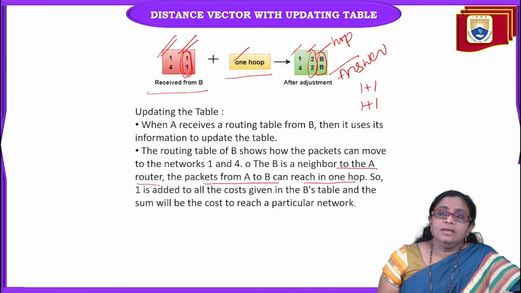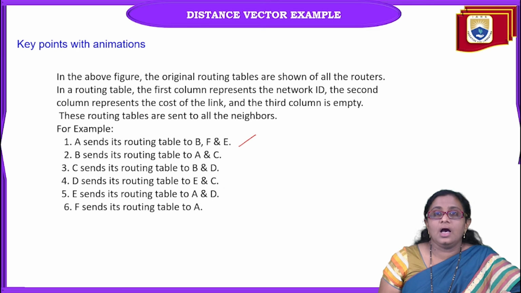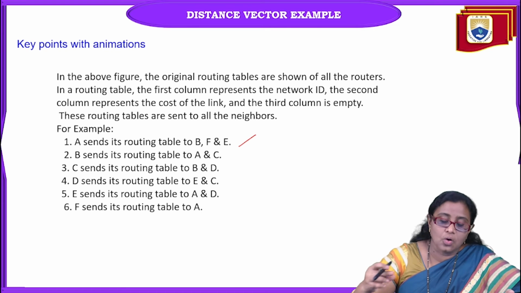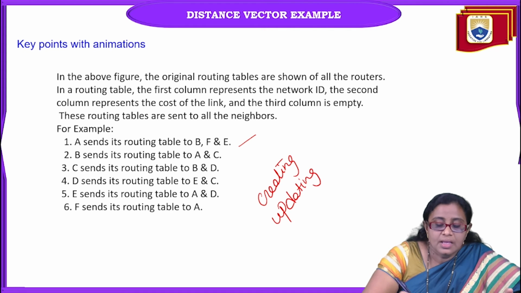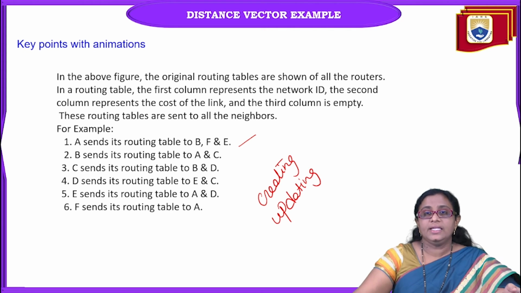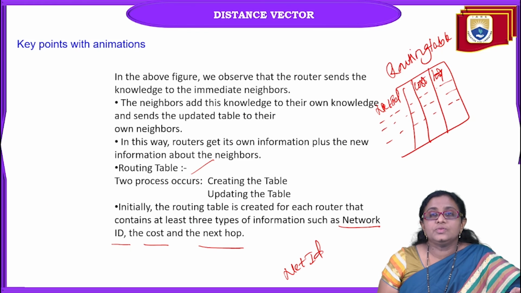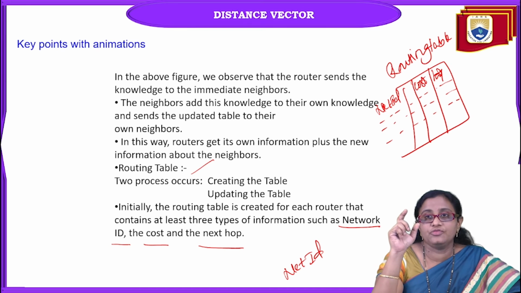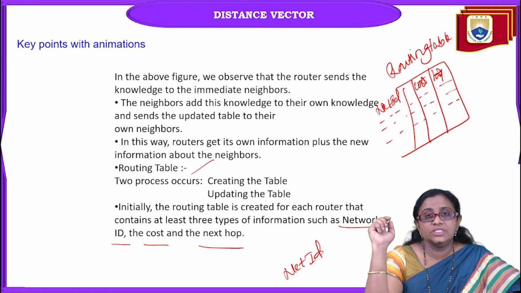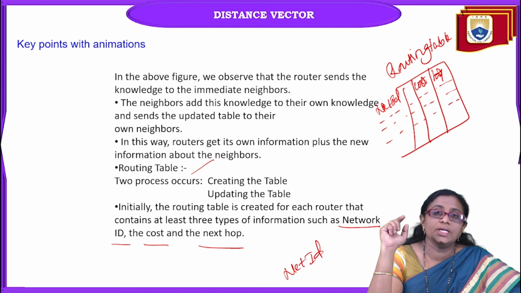Mainly here, the distance vector routing algorithm consists of two types of tables, which we can call creating the table and updating the table. And what is the use of creating the table? The table is created for each router for the sake of three types of information available in one routing table.